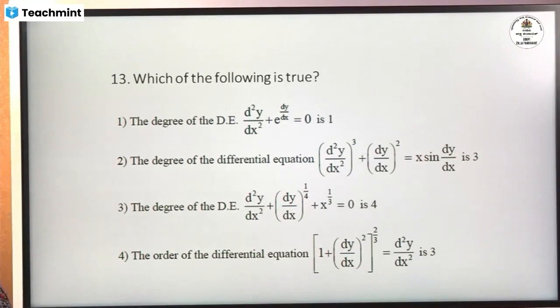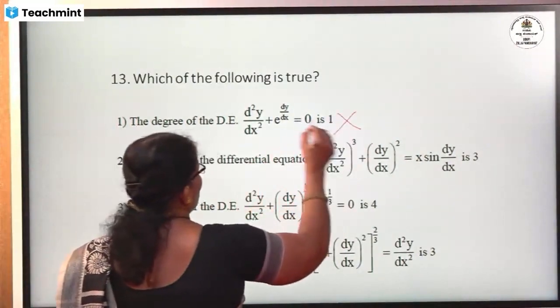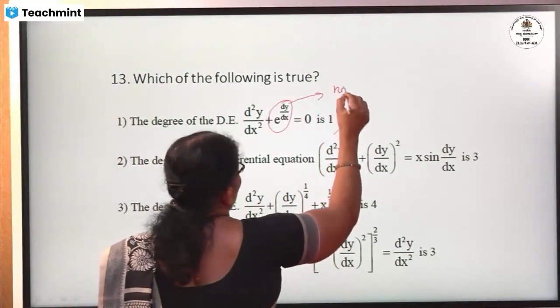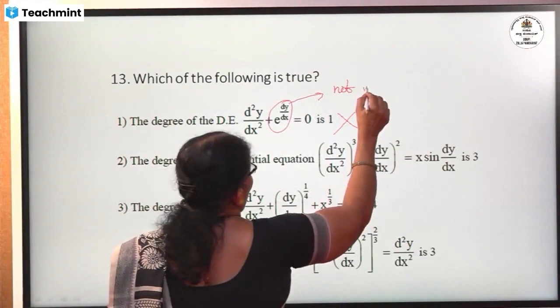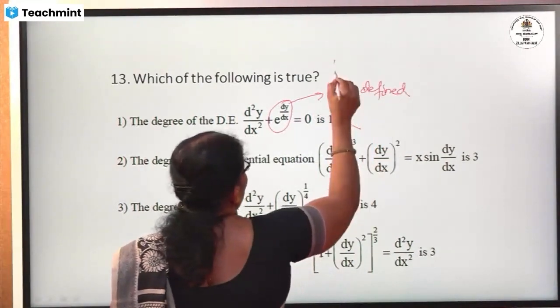Now, which of the following is true? The first option says the degree of the differential equation is 1, which is not the case. Why? You have a term e power dy by dx, so degree is not defined. Correct?